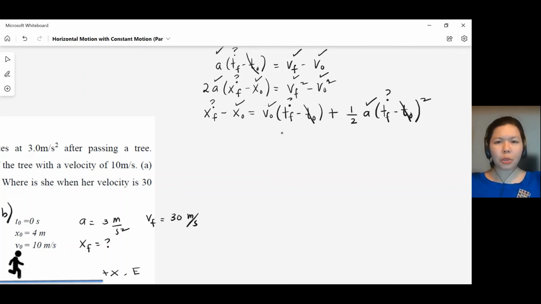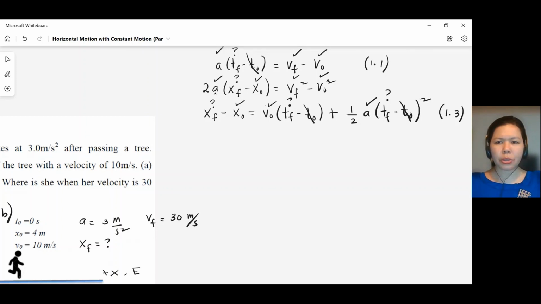Or we may use the first equation, equation 1.1, and then we use the first equation so that we can solve for T final, and we substitute the T final that you have obtained into the third equation 1.3 so that we can get our X final here.